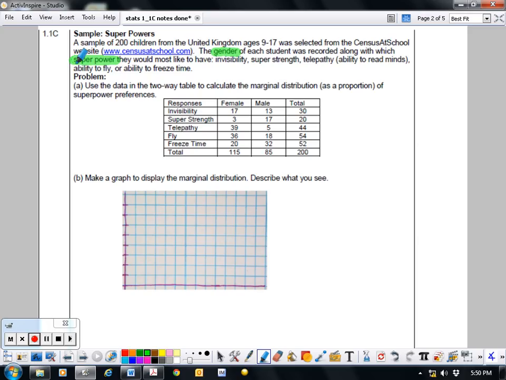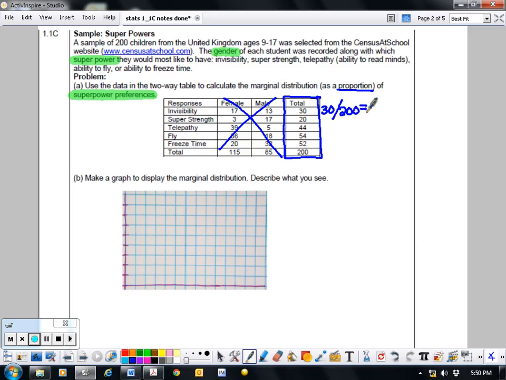We're going to do this as a proportion of superpower preferences. So we're going to look at the total for superpower. We're going to ignore the breakdown between male and female on these superpowers, and only look at this total for the marginal distribution. To calculate that proportion, as the directions say, I'm going to take my total, 30, out of the total number of students, 200.